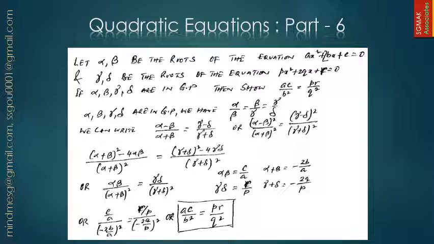So based on the geometric series, you can find the relation that AC over B squared equals PR over Q squared.